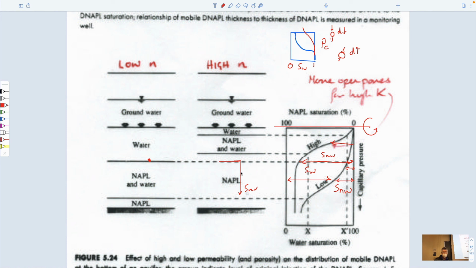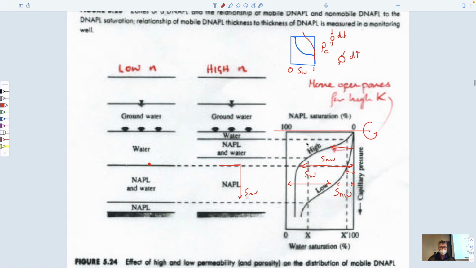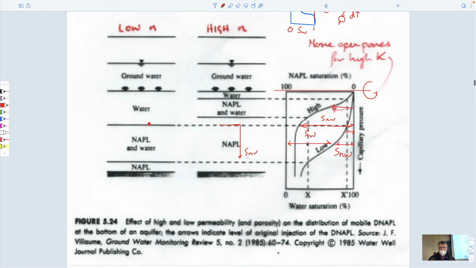So high porosity allows it in very easily, so your NAPL saturation is very easily and high up in contrast. In this one, you tend to keep water, and the NAPL's restricted to a much narrower band at greater depths. And you can rationalize that based on the capillary pressure versus saturation curves. And so that allows us to link the two together.